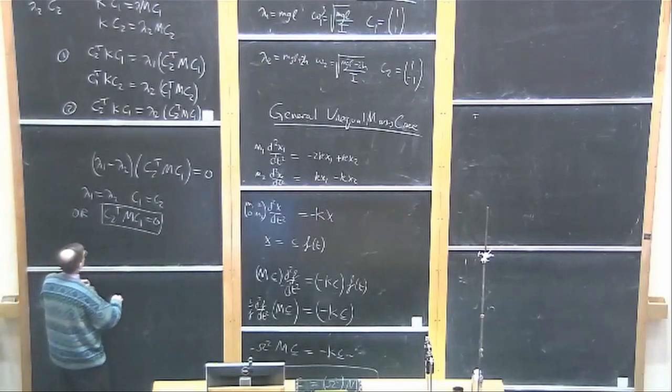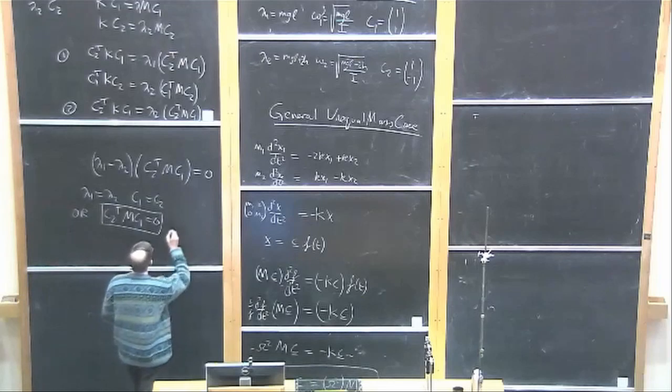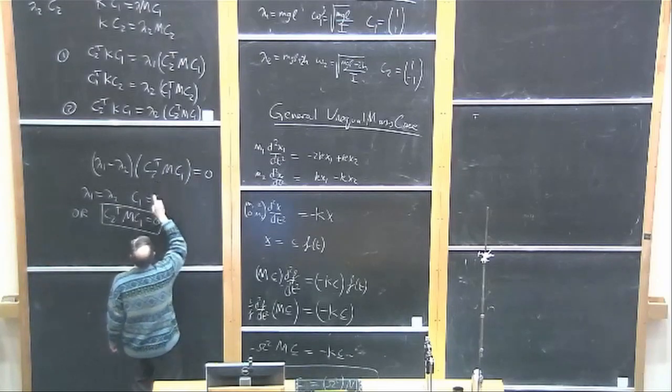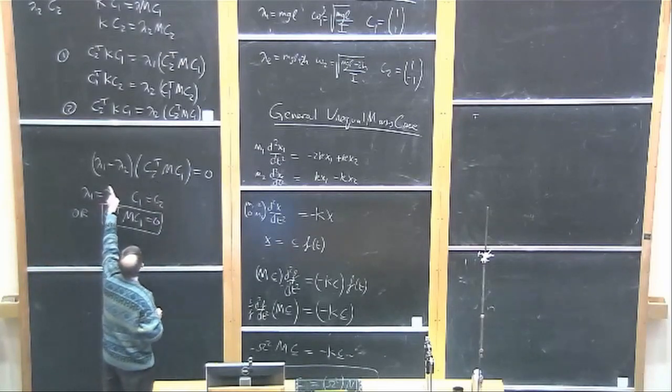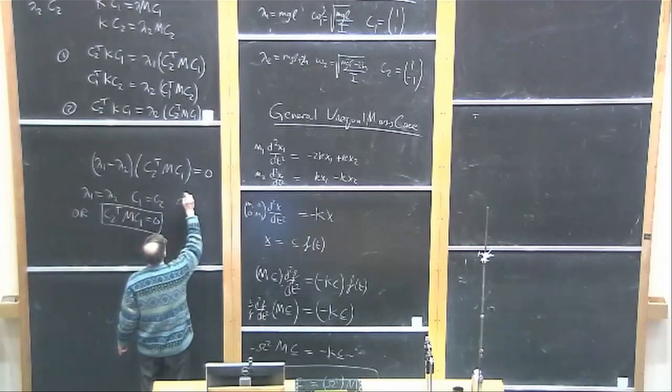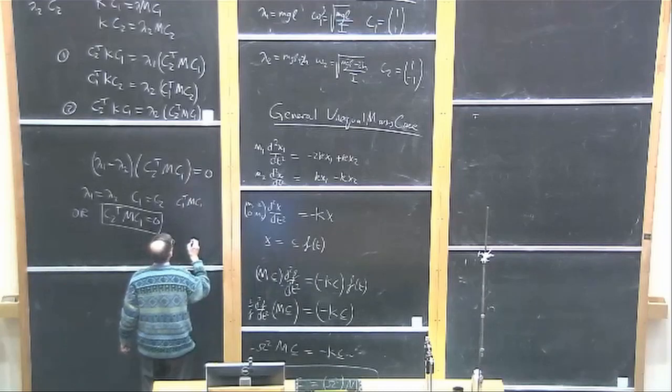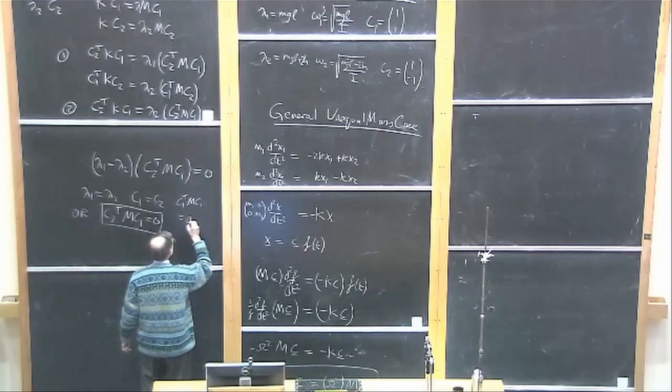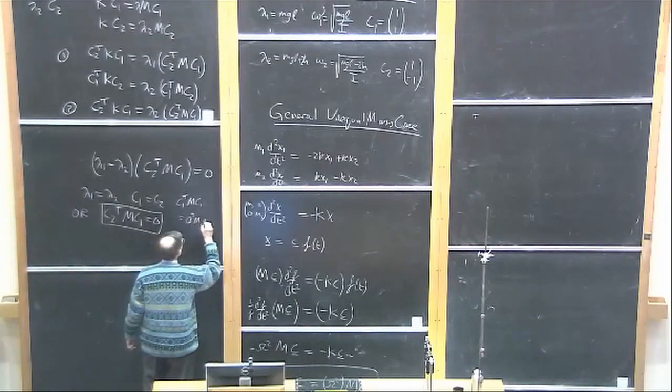And in this case, if lambda 1 equals lambda 2, then this product here becomes C1 transpose MC1. And if you think about it, that is A squared M1 plus B squared M2.